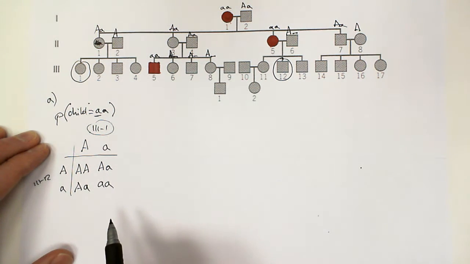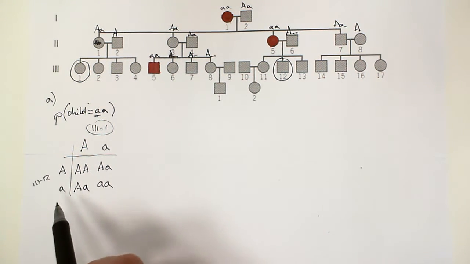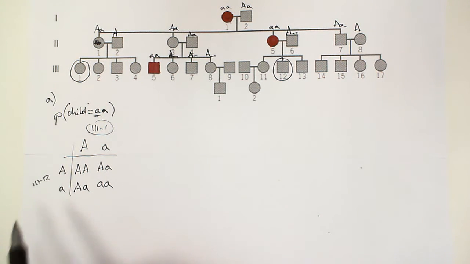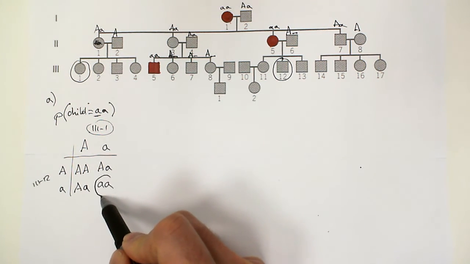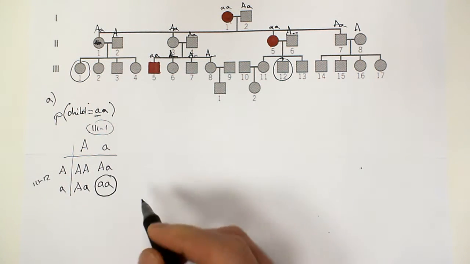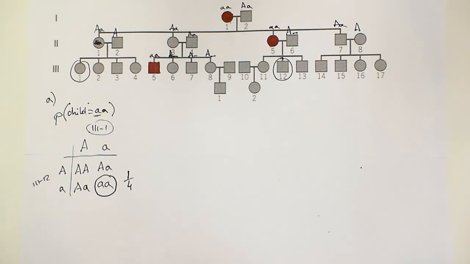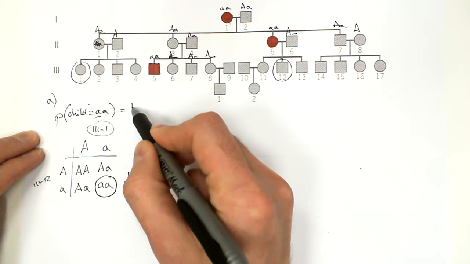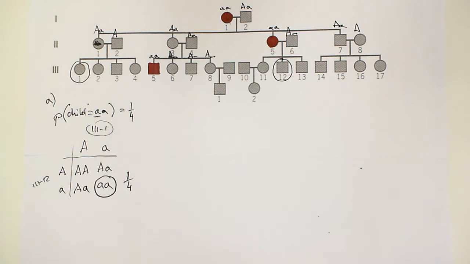Okay, so these are the possible genotypes of the offspring of 3-1 and 3-12. So the probability of them having a child that has this genotype is 1 in 4. Okay, so this part here is equal to 1 in 4, but that's not the total answer. Because it's a little bit more complicated.